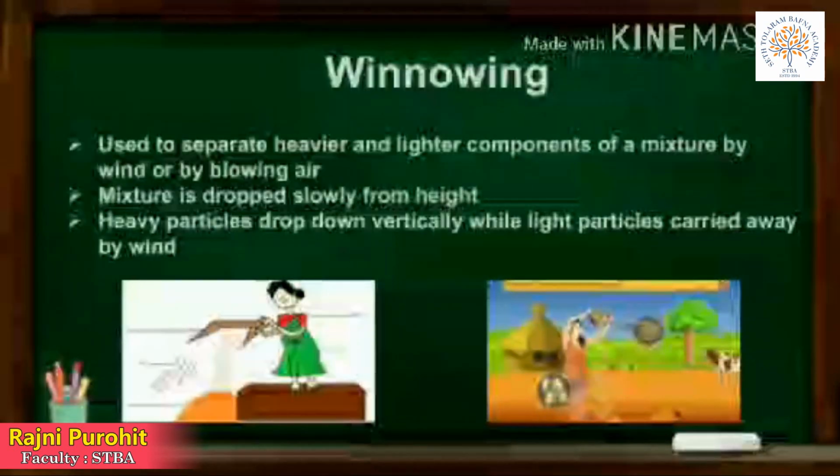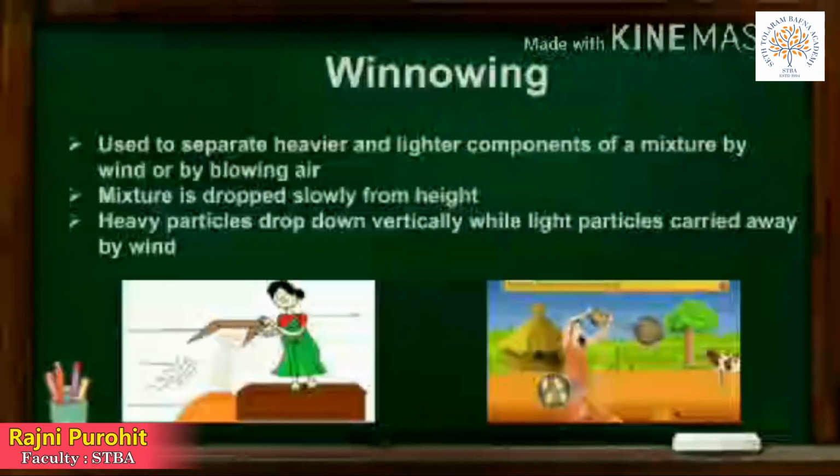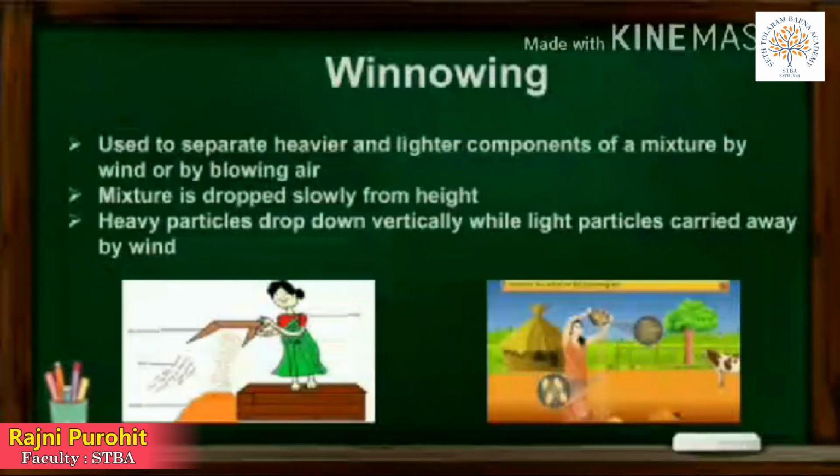Now start with the third point, that is winnowing. Winnowing is a method in which the lighter particles are separated from the heavier particles by wind or by blowing air. In this method, farmers basically use it in agricultural fields to separate grains from the husk. For this, they use soups or some higher platforms where they stand, and they put a mixture of wheat and husk in a soup and start shaking it.